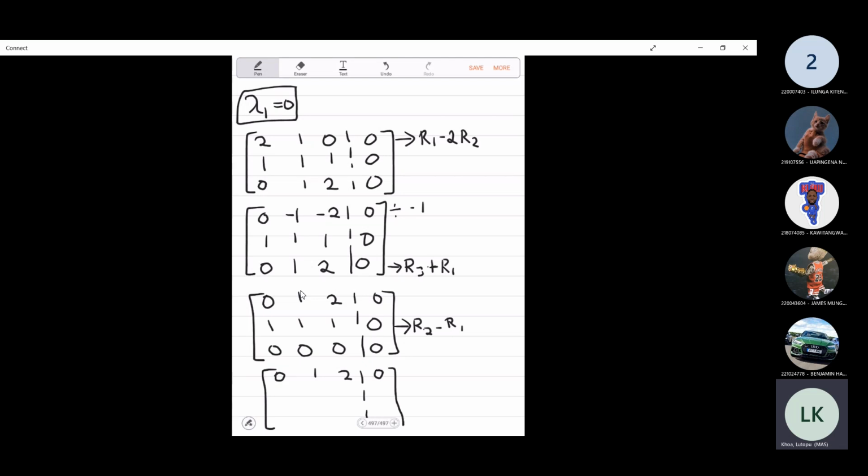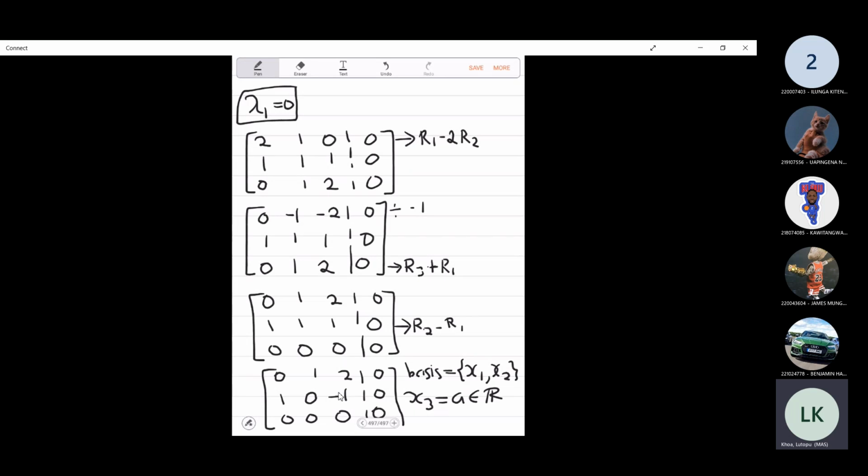And then 1 minus 0 is 1, 1 minus 1 is 0, 1 minus 2 is minus 1, 0. Okay, so from here I can see my bases, x1 and x2. So we let x3 equal to a, and then we have x1 plus 2a is equal to 0.